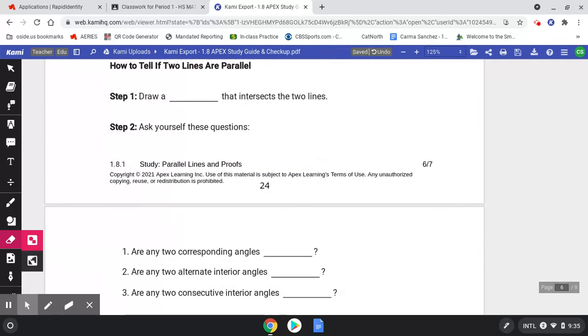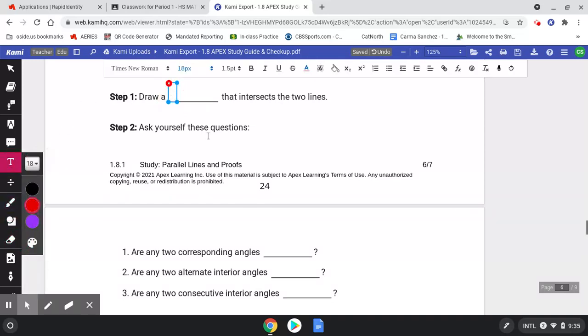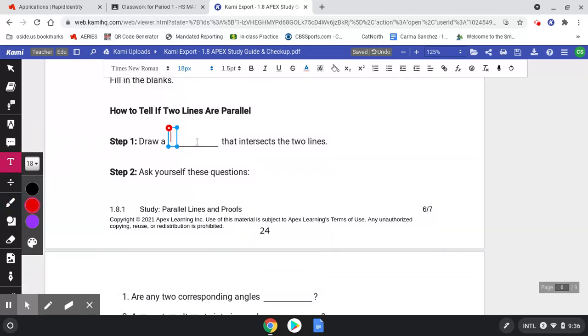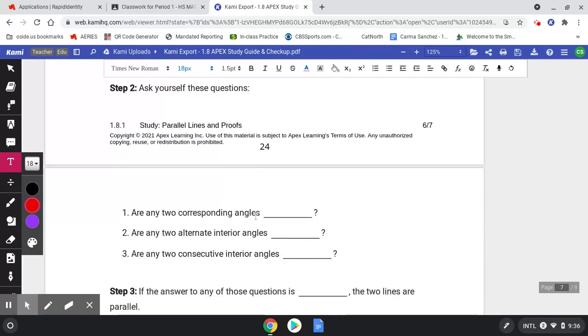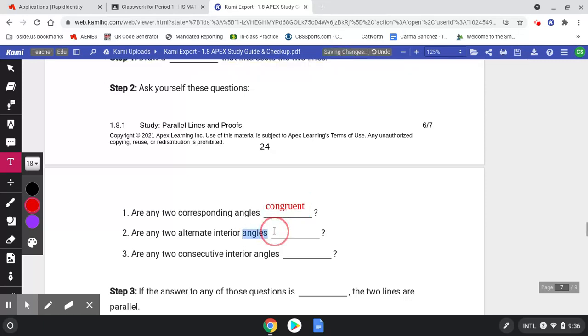Okay, finally, we're going to draw a transversal that intersects the two lines. And by the way, this is how to tell if two lines are parallel. We draw a transversal that intersects the two lines and ask ourselves, are there any two corresponding angles that are congruent? Are any two alternate interior angles congruent?